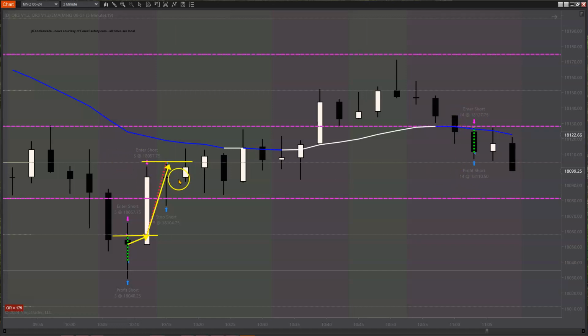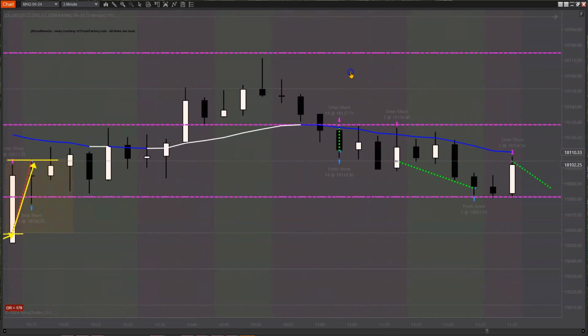But basically what we want to do is make up for this loss with 1 trade. And that's what this does. So 5 times 3 is 15. It's making it 14 here for some reason, because of the 74% I think I have this set at for targets. But we can see that this trade makes up for this trade, which is pretty awesome. And then we go right back to regular 5 contract trades.